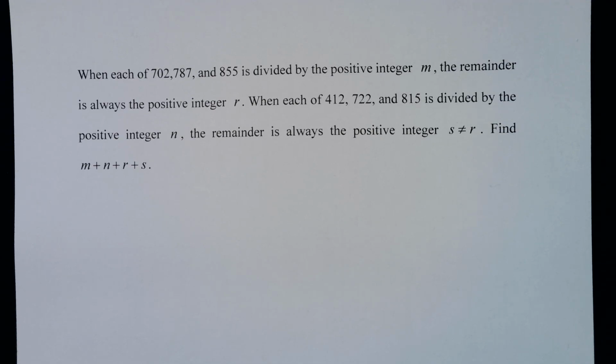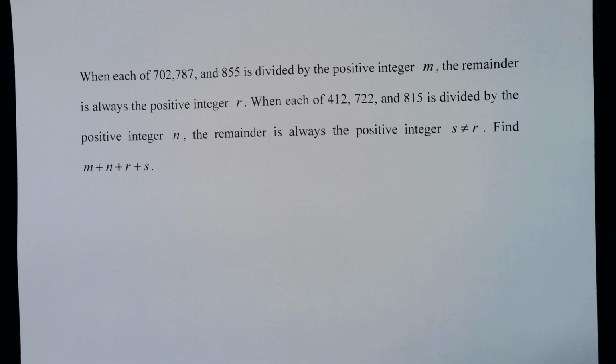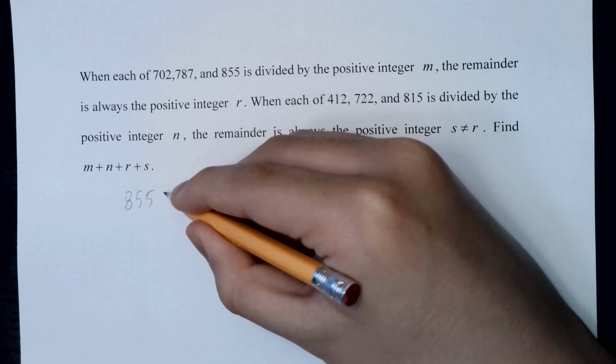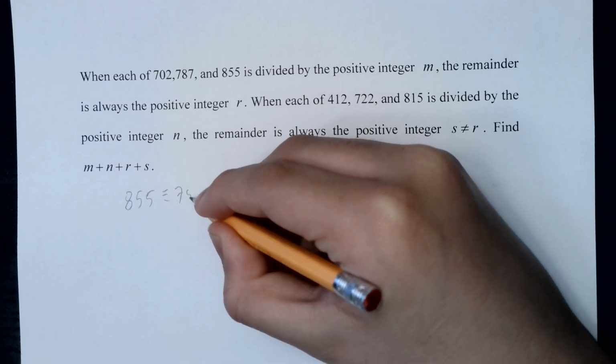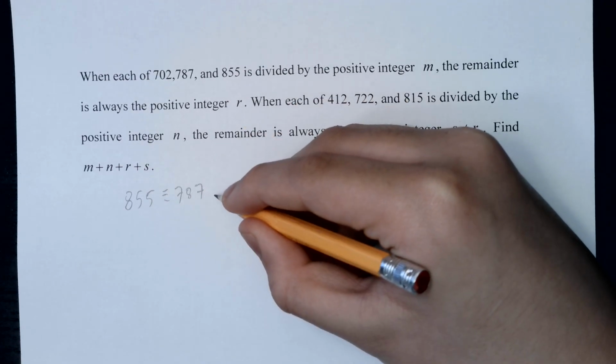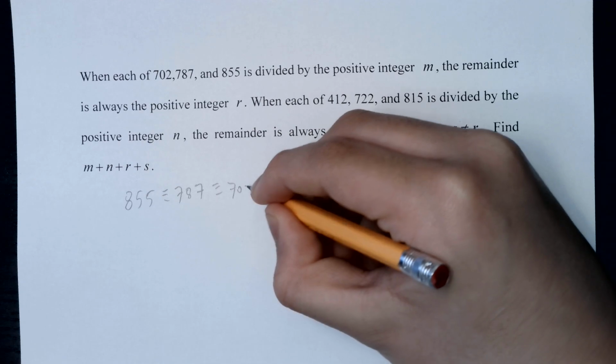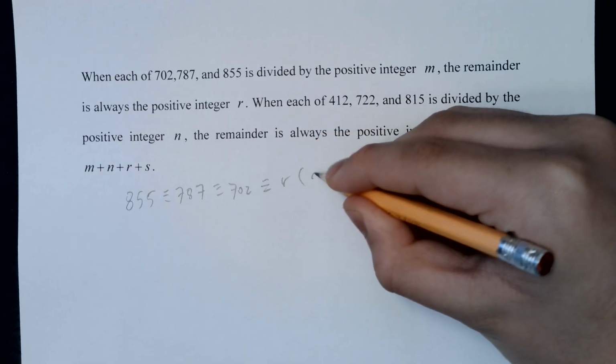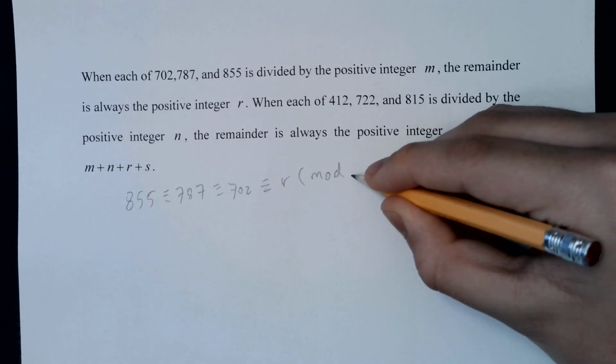Let's start off by finding m and r. So, we can see that 855, 787, and 702 should all equal r modulo m.